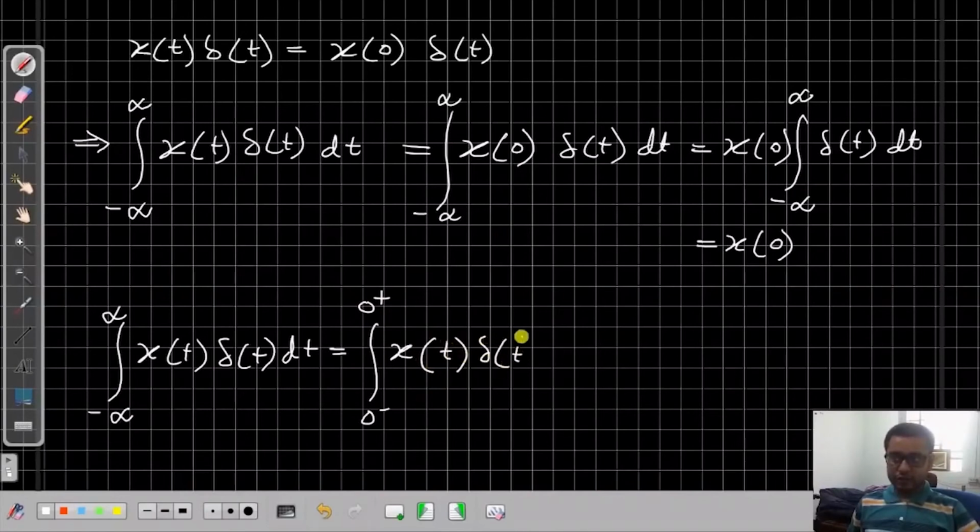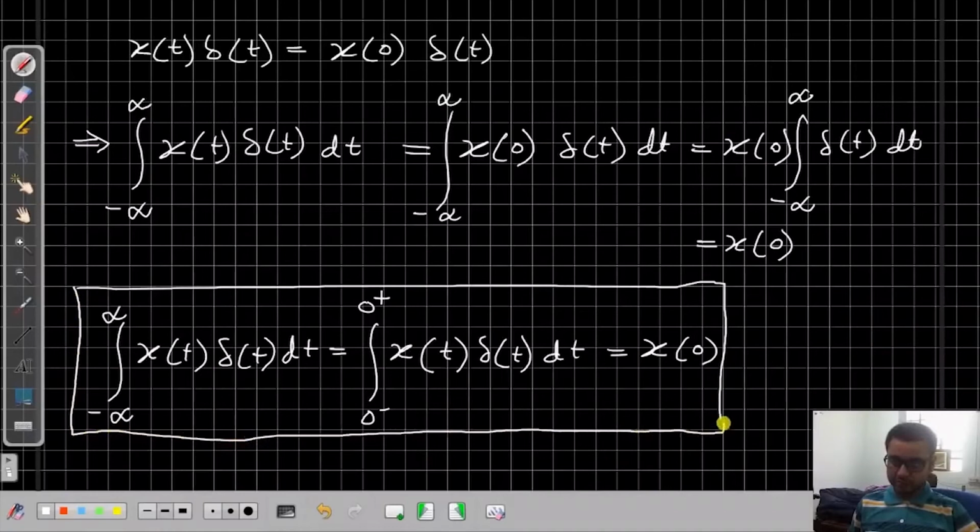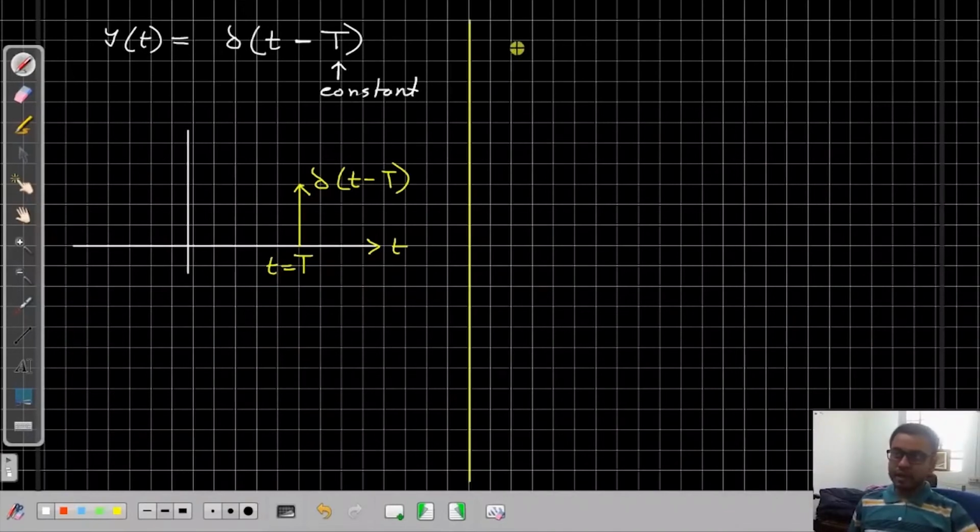So the integration from 0 minus to 0 plus is the same as the complete integration, and the result is equal to x(0). So this result you must remember throughout your life or throughout the course.